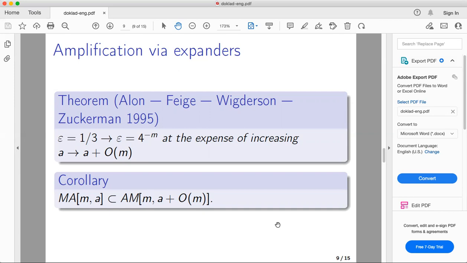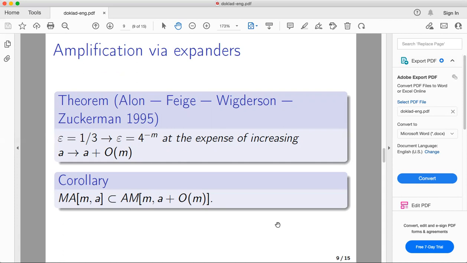And one can show that indeed the probability of error decreases exponentially, although we use dependent random strings. As a corollary, we obtain that the class MA with parameters little m, little a is a subset of AM, where the amount of randomness is now a plus order m, and the length of the proof is the same.